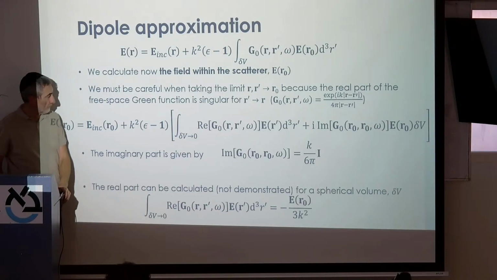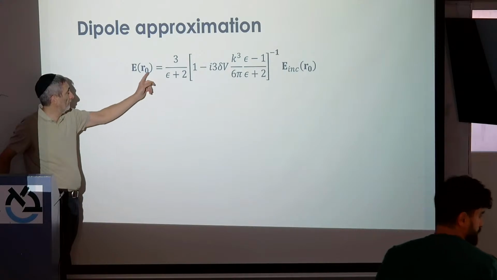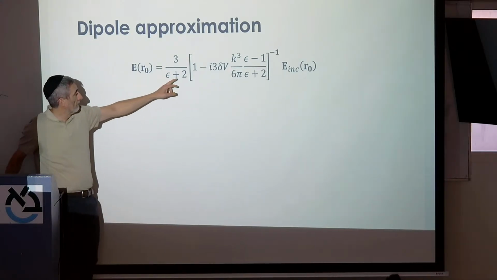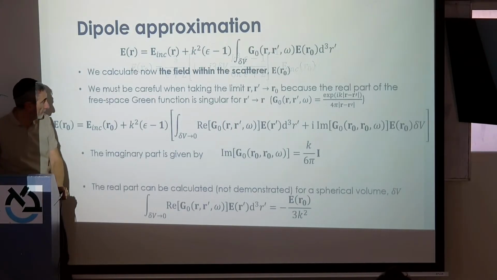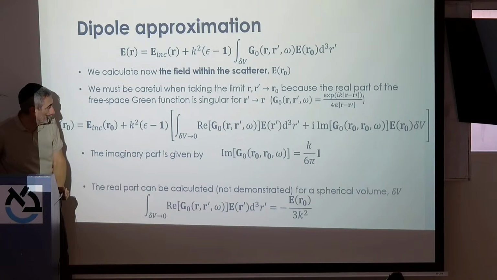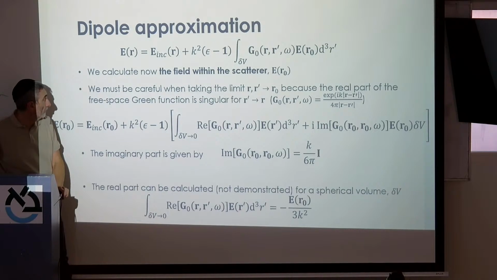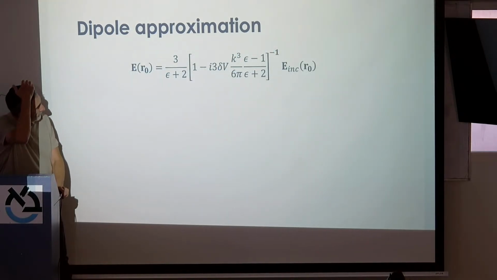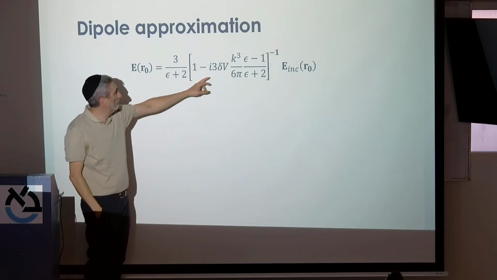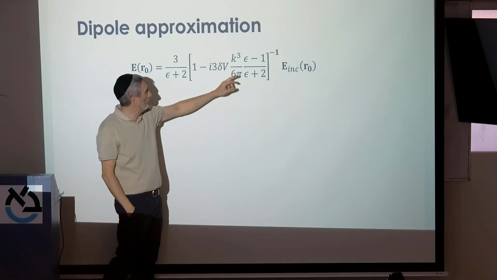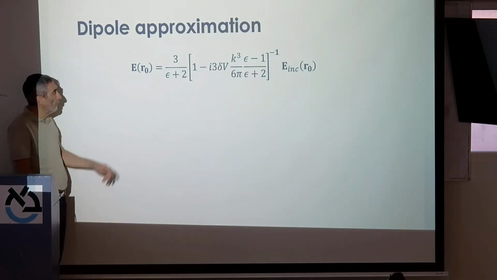That's the term that you see here. You have epsilon plus 2, so you take the inverse. You have to invert it. So you have 3 over epsilon plus 2 here, times the rest. So the rest comes from this term, from the imaginary part, and is given by 1 minus i times 3 delta V, the volume of the scatterer, k cubed over 6 pi, (epsilon minus 1) over (epsilon plus 2), all to the power of minus 1.